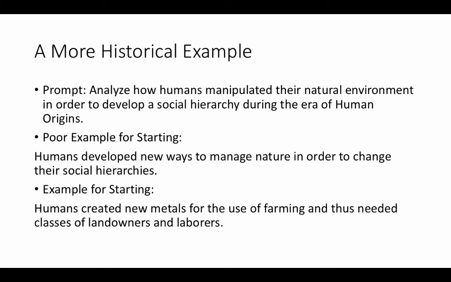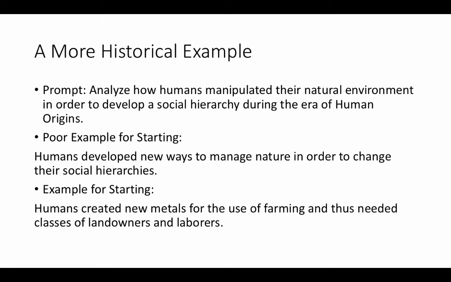So here's a really kind of poor example for starting off: Humans developed new ways to manage nature in order to change their social hierarchies. Okay, this is just really vague. It doesn't tell me much as far as my overall claim is going to go, right? So I need something a little bit more specific to get me started: Humans created new metals for the use of farming and thus needed classes of landowners and laborers.